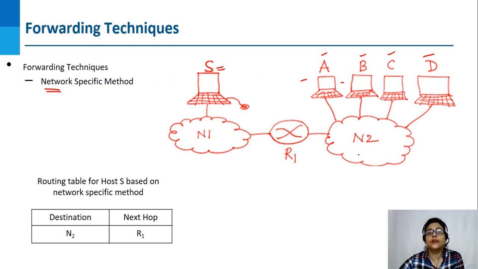Rather, the network N2 to which all these hosts are connected will be given as the destination. And the next hop should be R1, because R1 is the router through which this source node S, connected to network N1, will be connected to network N2.